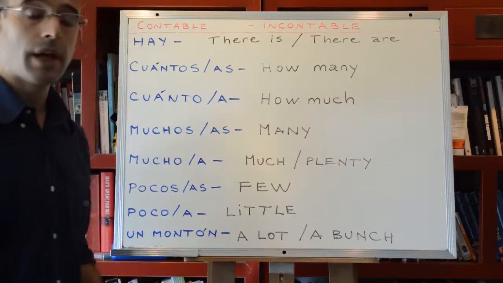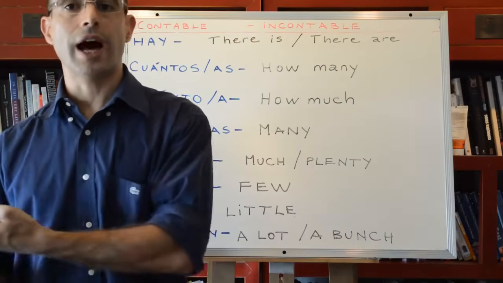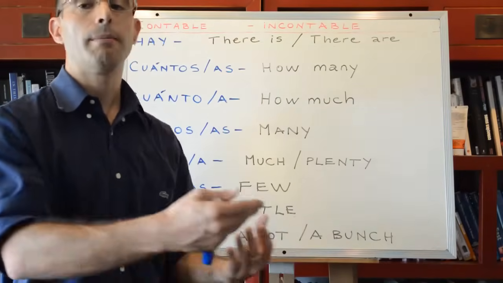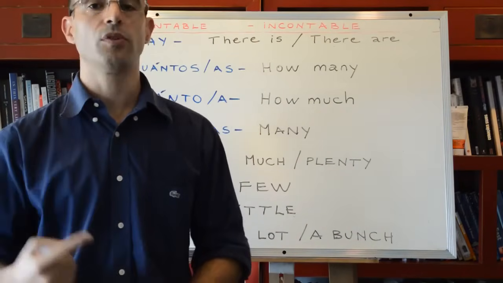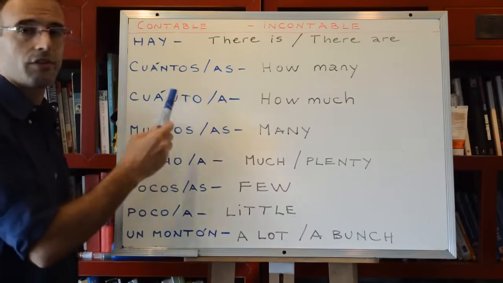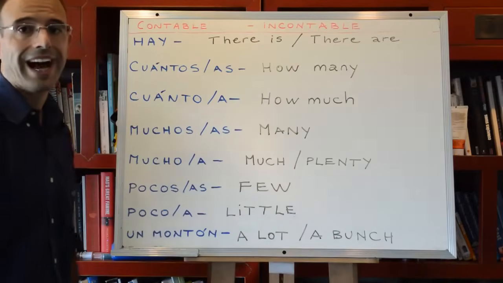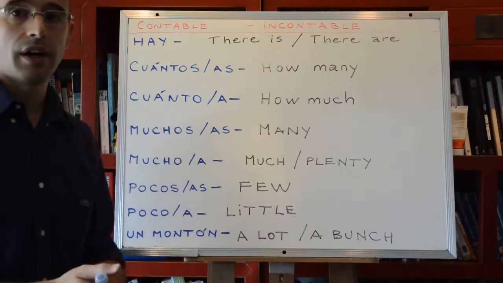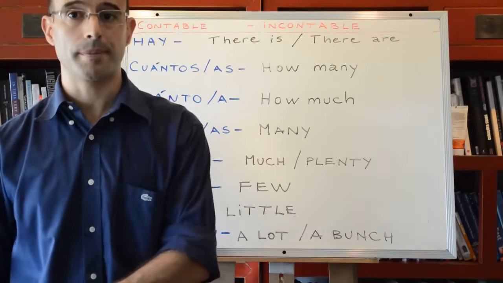Muy means very, okay? Or hay muchos árboles. There are many trees. Hay un solo árbol. There is one single tree. So, in Spanish we use hay for both cases, there is or there are. Hay, okay? So remember the word hay, which is a very special conjugation of the verb haber.